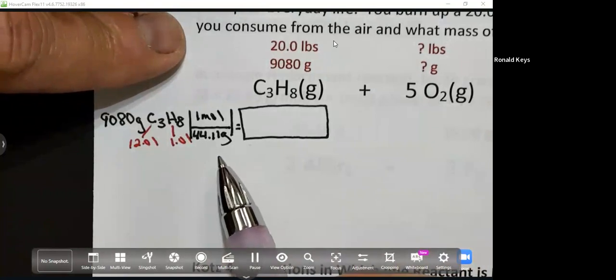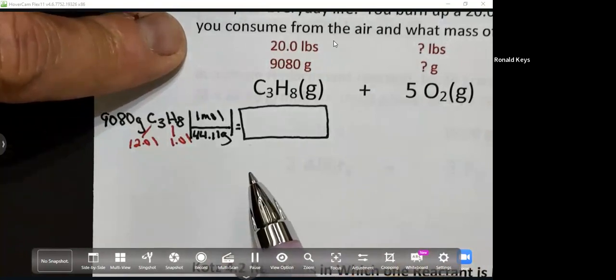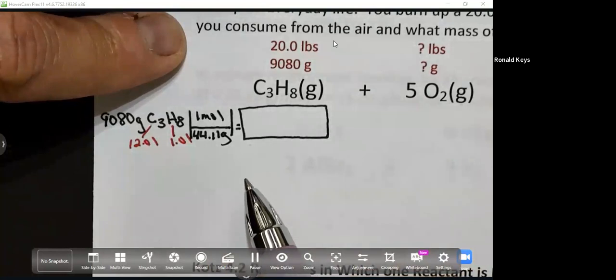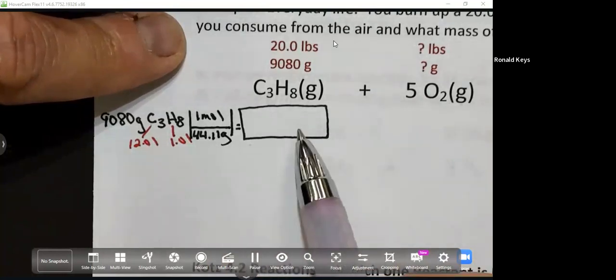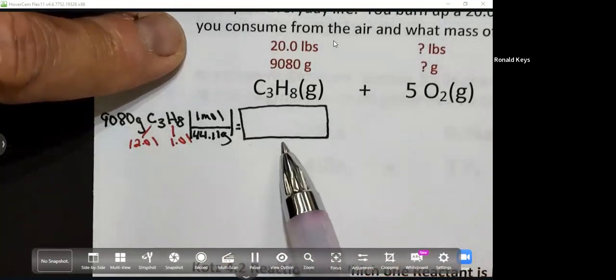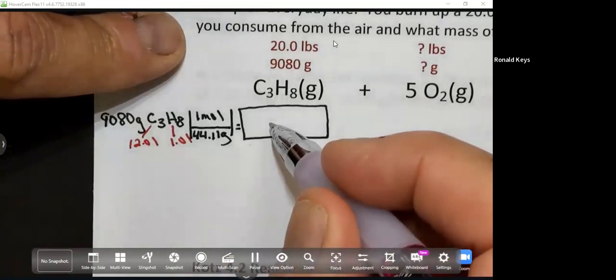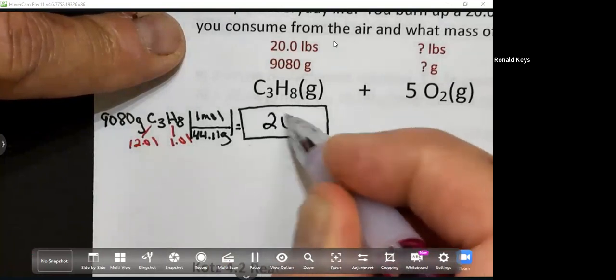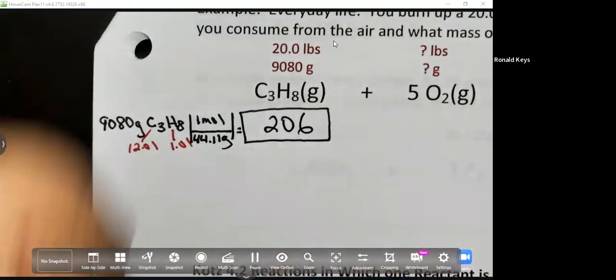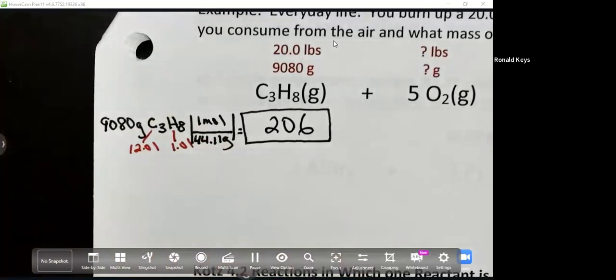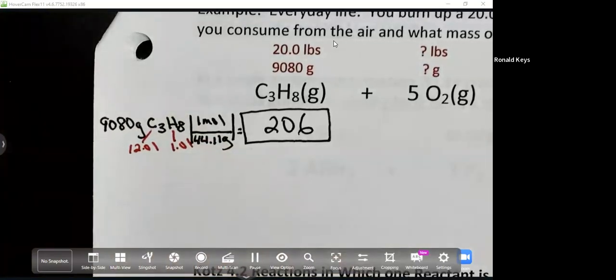Yes, 44.11. Righty. So now, how many moles of propane do we have? We have 206 moles. Nothing new there. We're just going grams to moles, moles to grams.